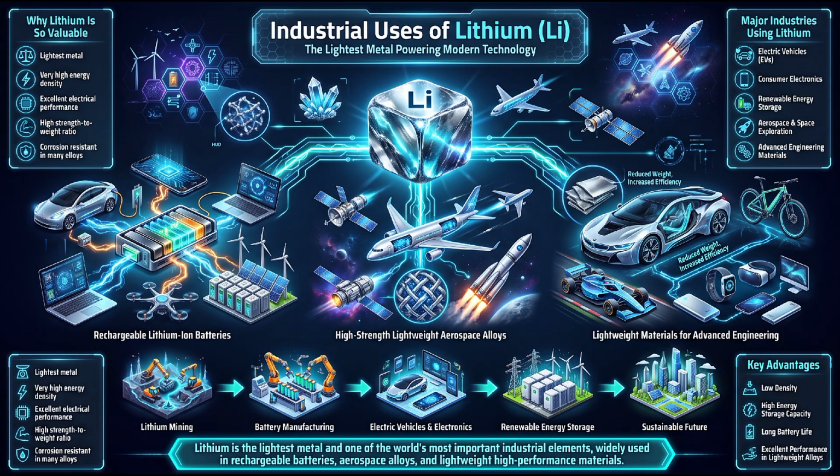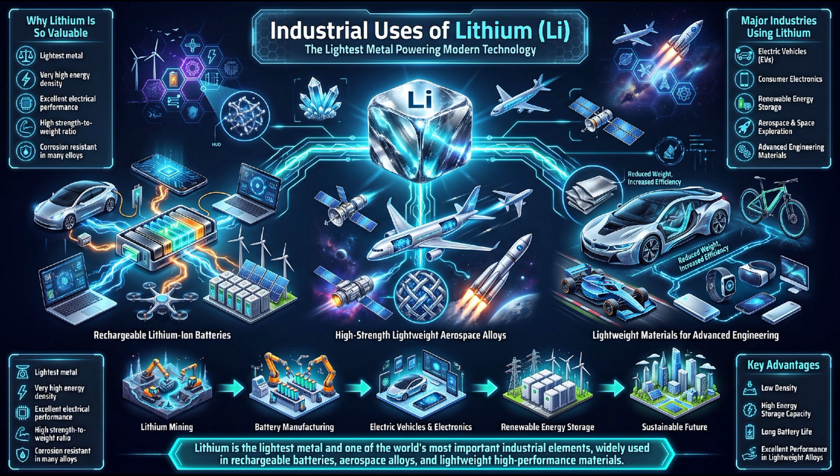Several unique properties explain why lithium has become so valuable in industry. It is the lightest metallic element, allowing manufacturers to produce lightweight products without sacrificing performance. Its exceptionally high energy density enables compact batteries to store large amounts of electrical energy.